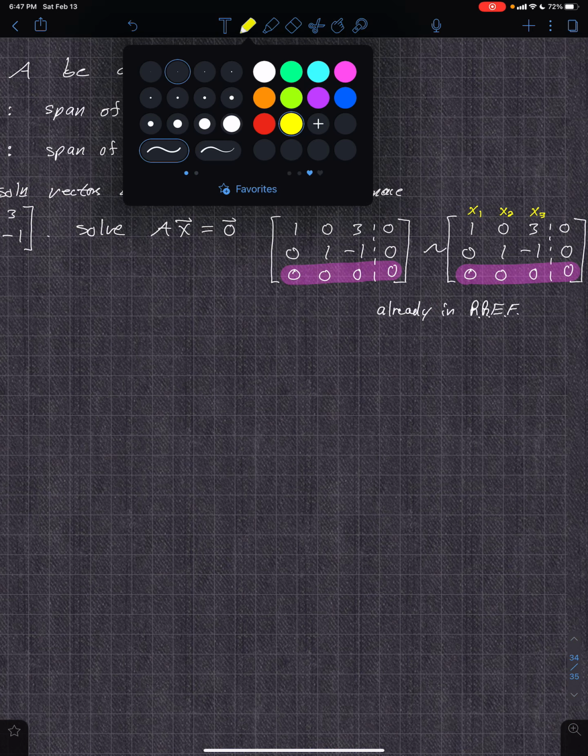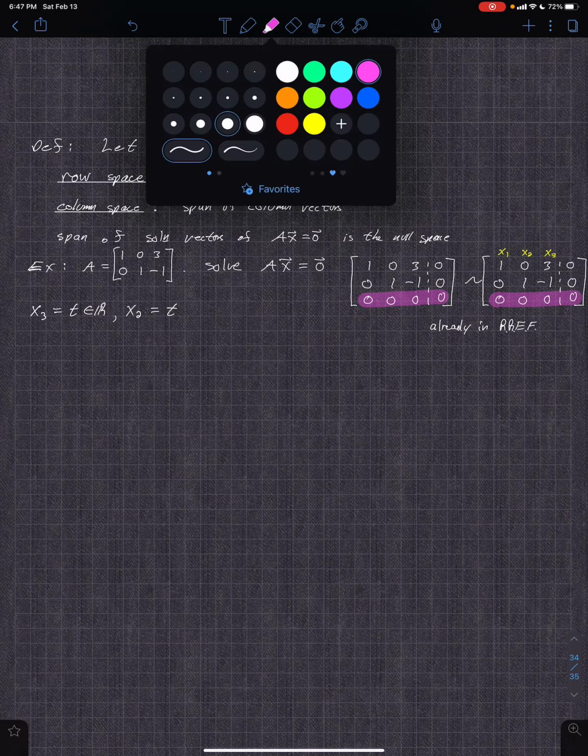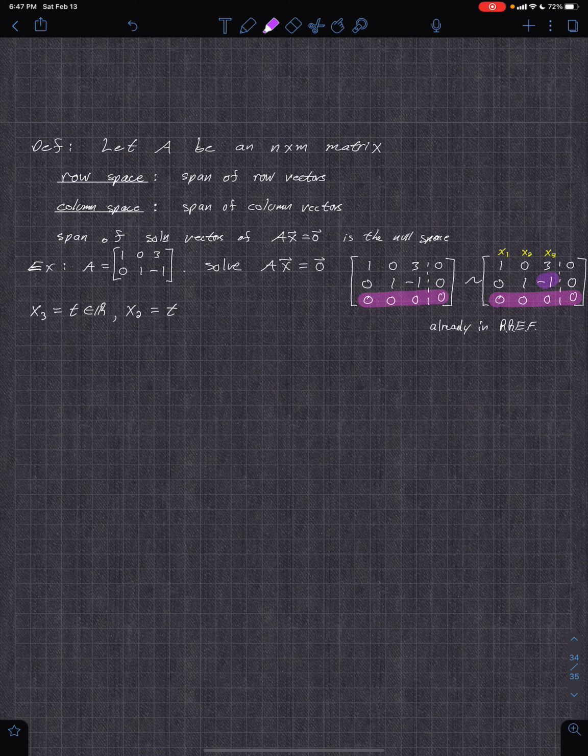So let's come back over here and describe what those are going to be. So x3 is anything, which is in the reals. So x2, when you solve, you get just t as well, right? So that's this guy here. You have x2 equals negative t, add, and you just solve and you get just t.